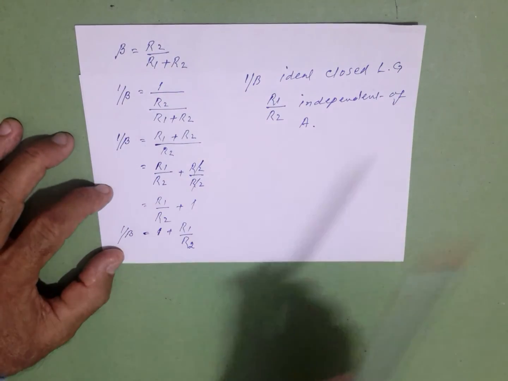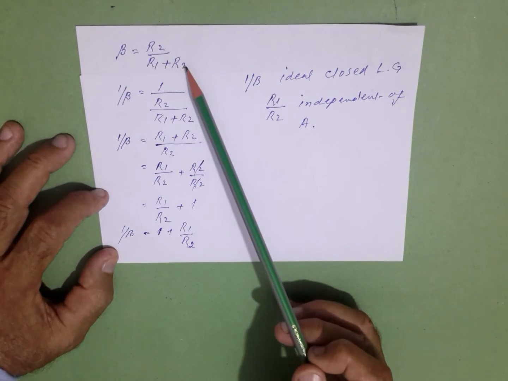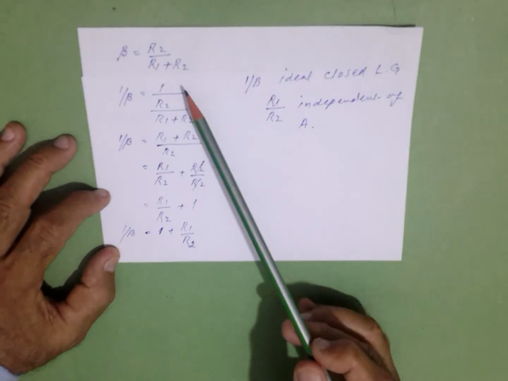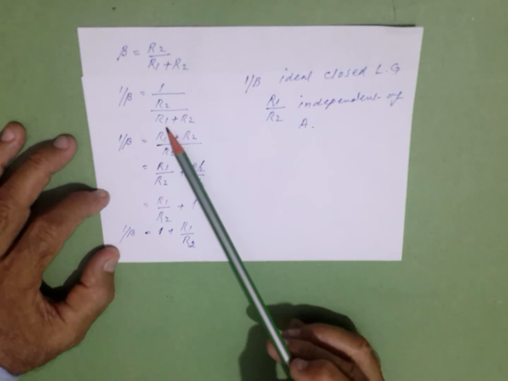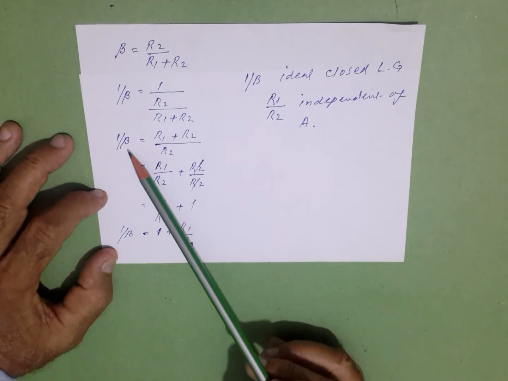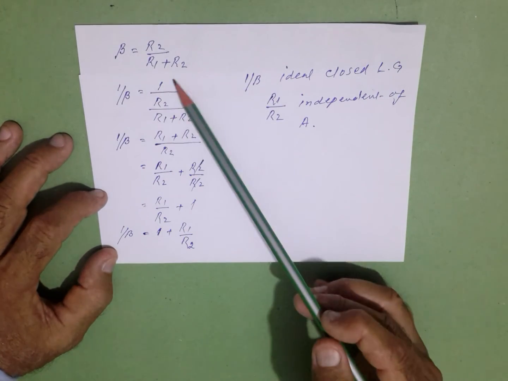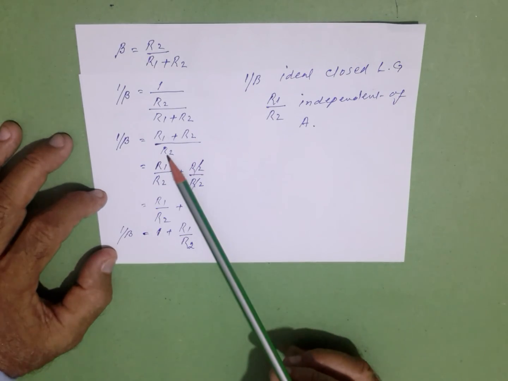Now, we calculated that beta is R2 over R1 plus R2. 1 over beta becomes 1 over R2 over R1 plus R2. This can be written as, this goes in the numerator, R1 plus R2 over R2.